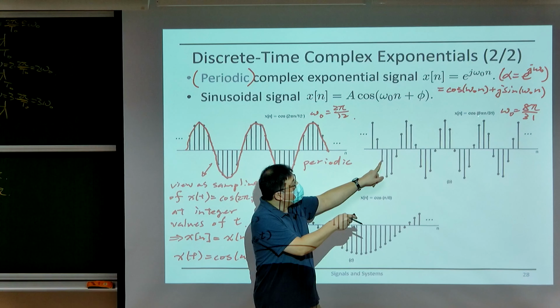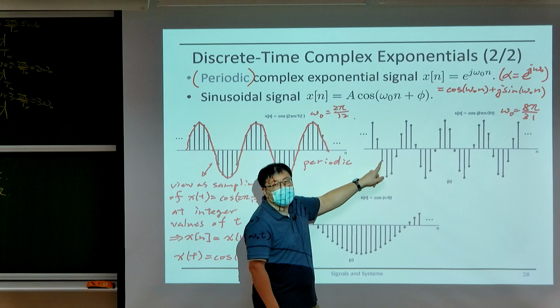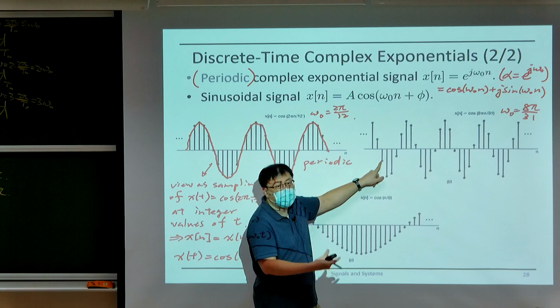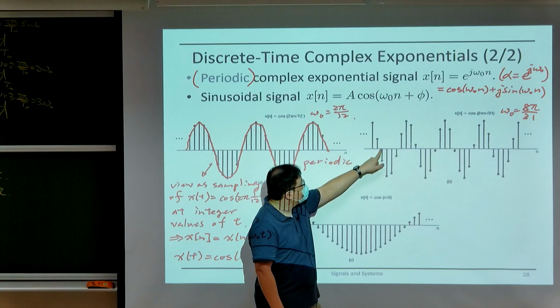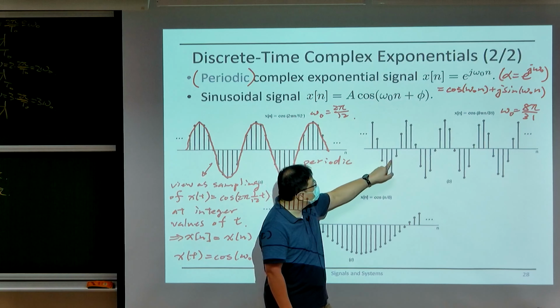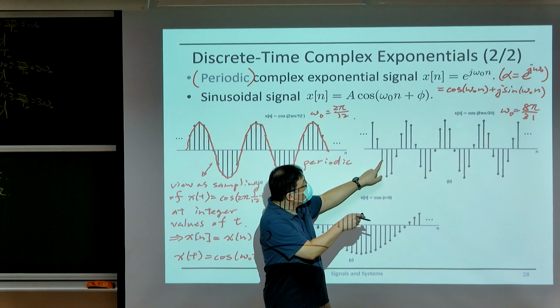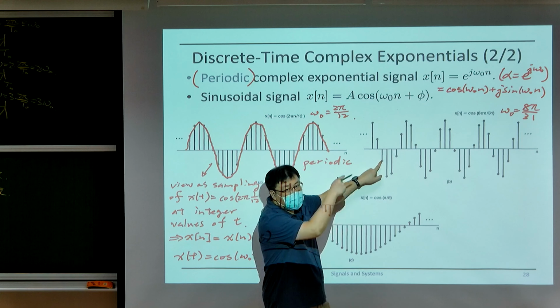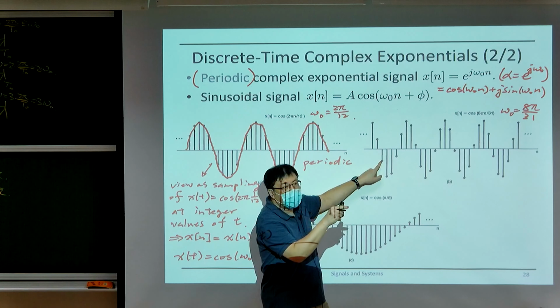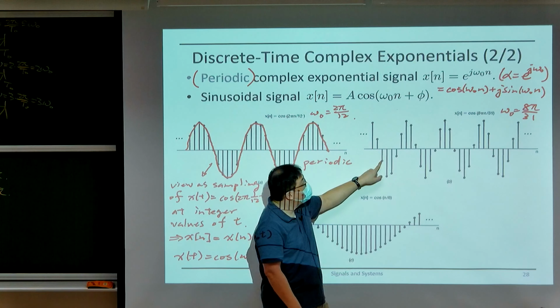You get 56 over 31, which is not quite 2 pi. So if you start from this point, you take 1, 2, 3, 4, 5, 6, 7. After 7 samples, you get 56 over 31, which is not quite 2 pi. So you haven't really sampled an entire period of the sinusoid.